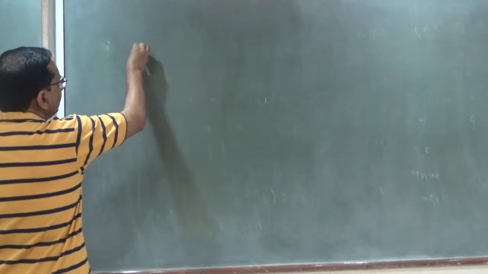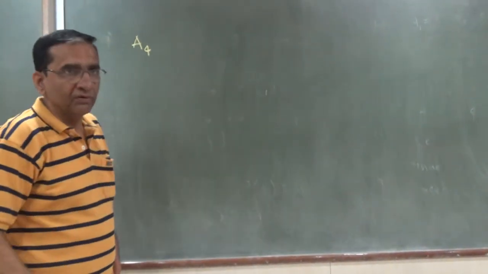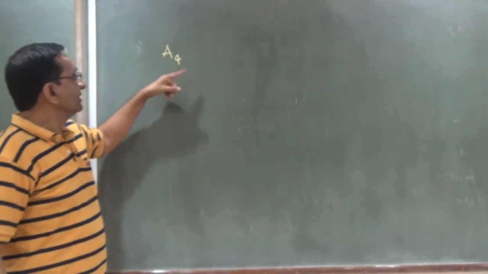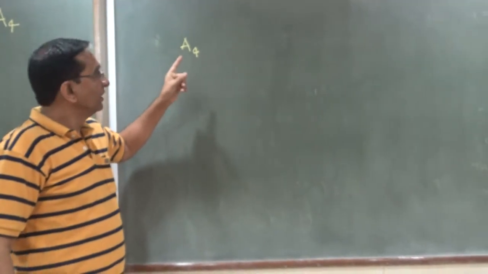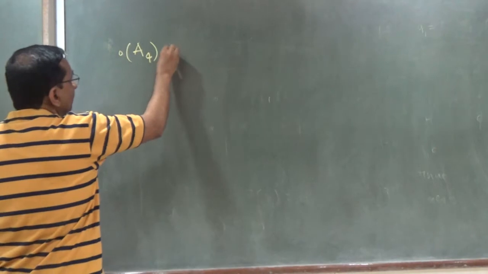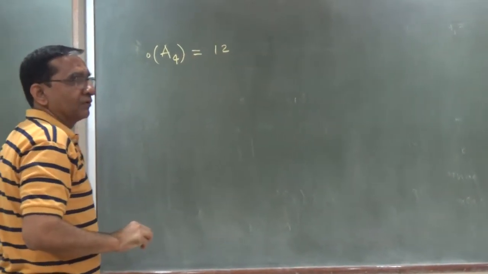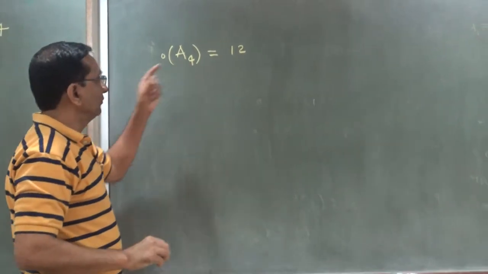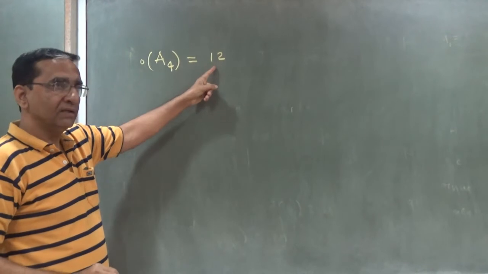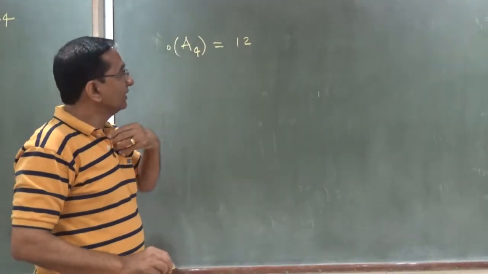Consider A4, the alternating group on 4 symbols. This is a subgroup of S4 consisting of all even permutations. The order of S4 is 24, and the order of A4 is 12. Now what are the divisors of 12? 1, 2, 3, 4, 6, 12.